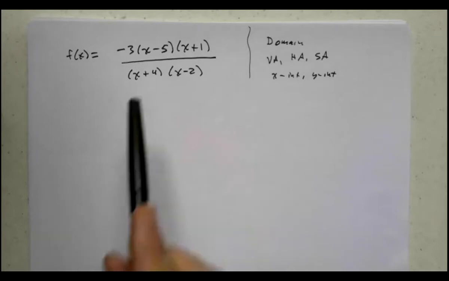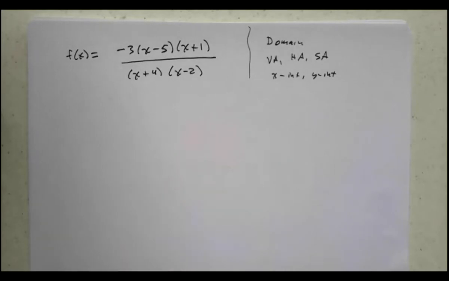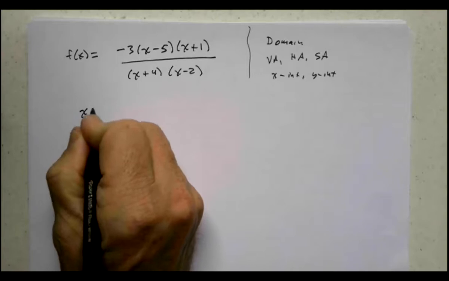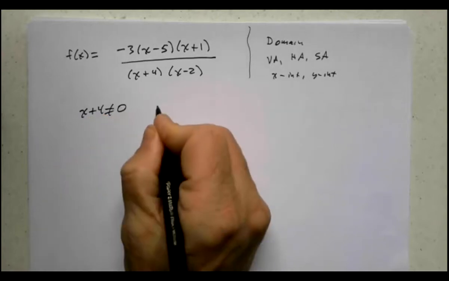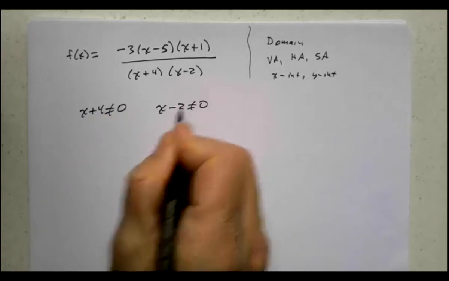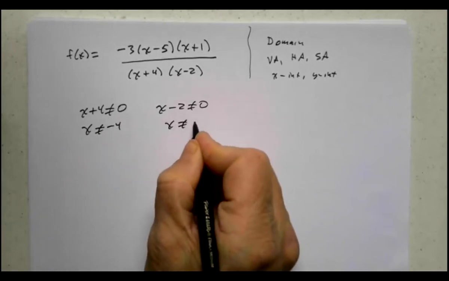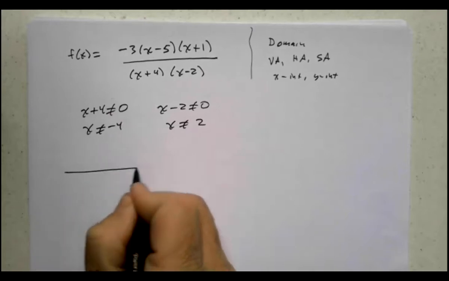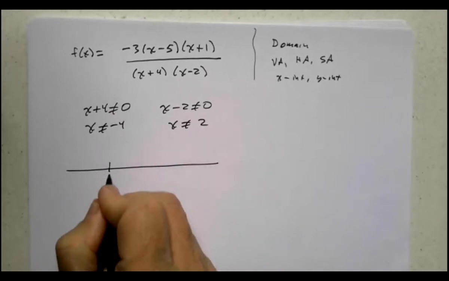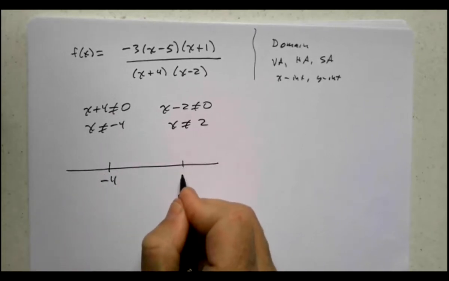We know we're not allowed to divide by 0. So x + 4 cannot equal 0, and x - 2 cannot equal 0. So x cannot equal -4, and x cannot equal 2. We remove those from the possible domain.